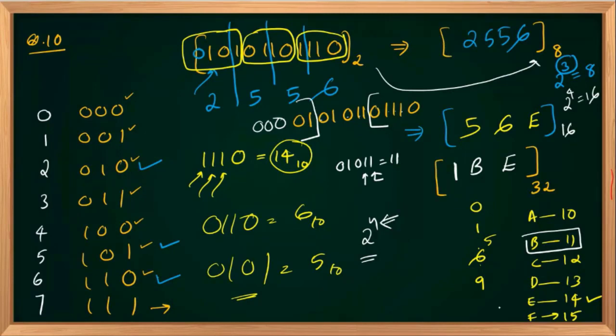We have listed only 16 symbols here up to F. Then G, H, I, J, K, L, M, N, O, P, Q, etc., up to 32 symbols. The highest symbol's decimal equivalent will be 32 minus 1, that is 31 decimal. Is that clear? So you need not convert into decimal and then divide to obtain the respective base equivalent numbers.